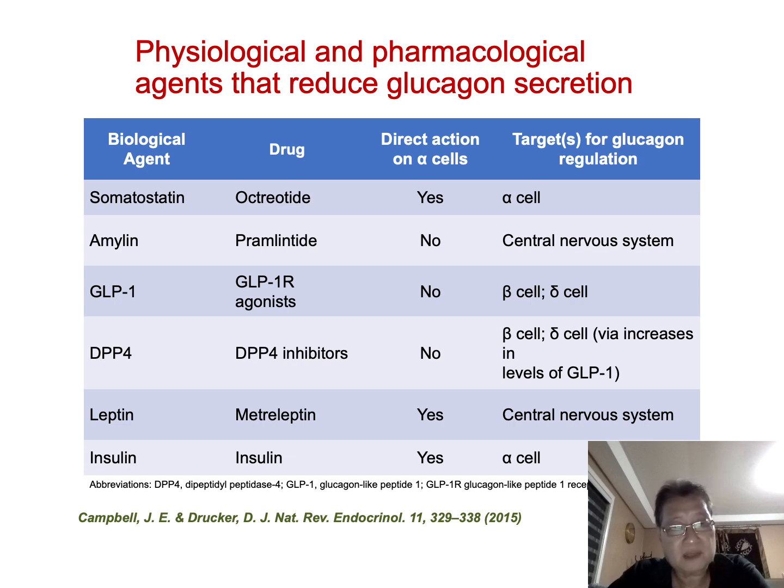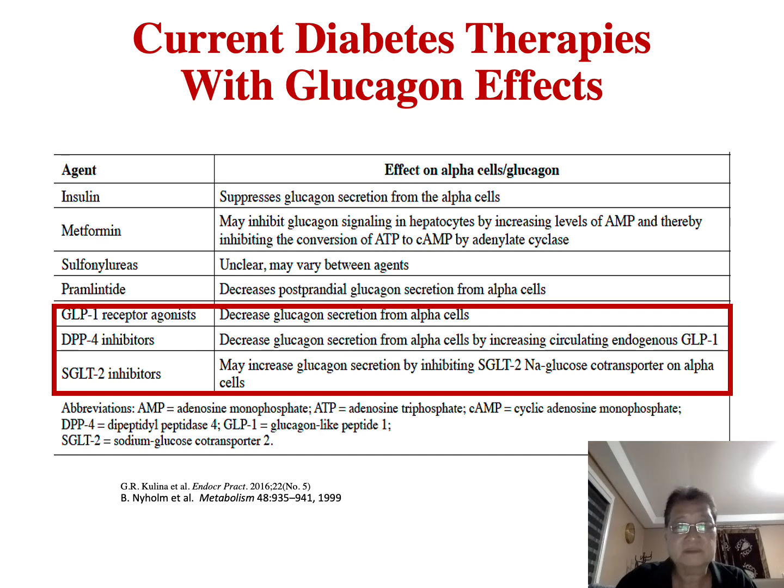It is already available in the States for the treatment of lipodystrophy, and you can see that the action is both directly on the alpha cell as well as centrally. Okay, insulin can inhibit alpha cells, especially in the intra-islet environment, and because insulin inhibits alpha cells, it reduces glucagon.